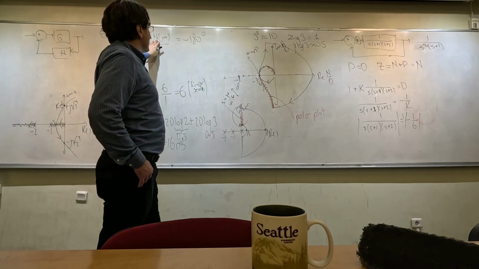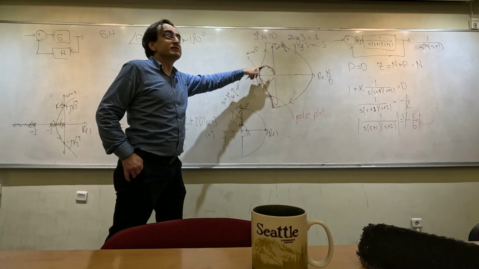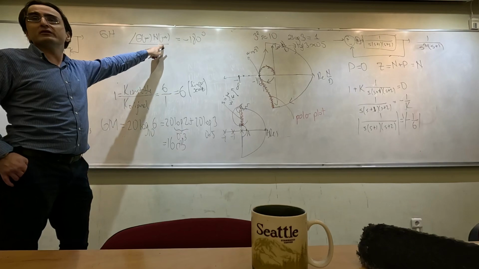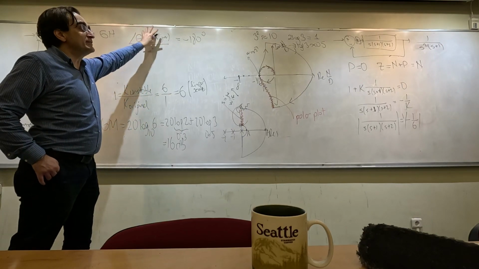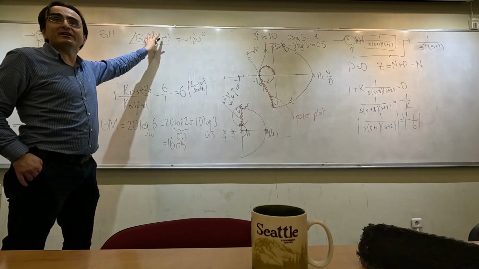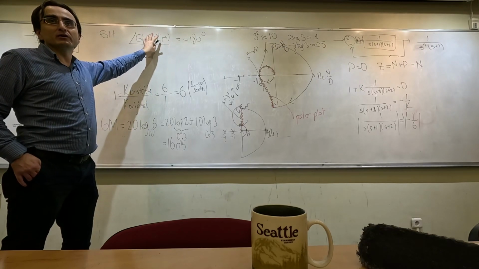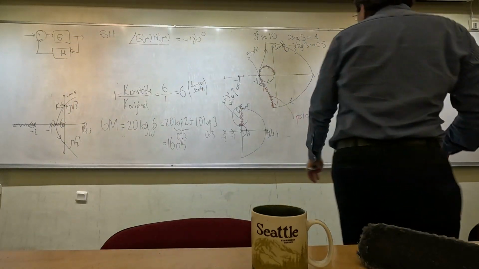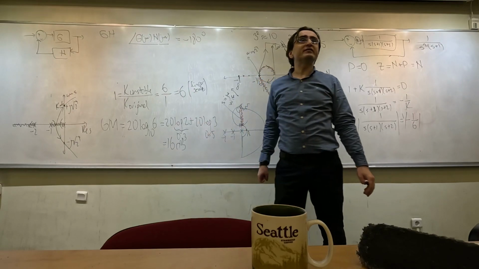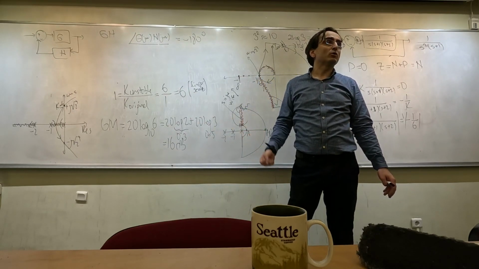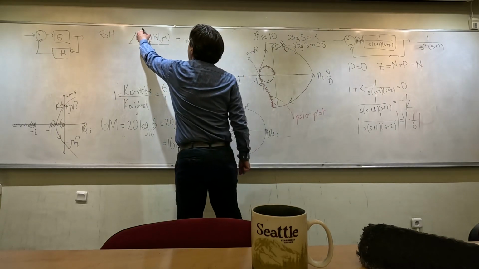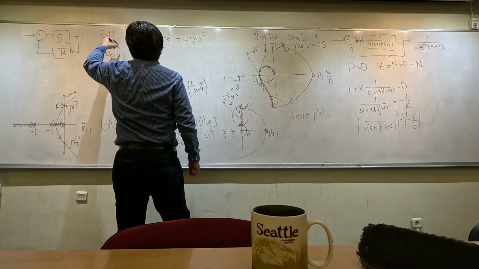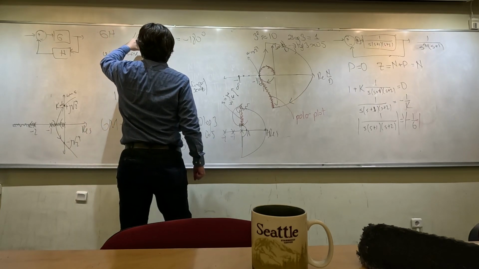If I would like to find where a polar plot intersects the negative real axis, the characterizing equation is this one. I look at when the open loop system has phase minus 180 degrees. The frequency at which this equation is satisfied is called the phase crossover frequency, omega p.